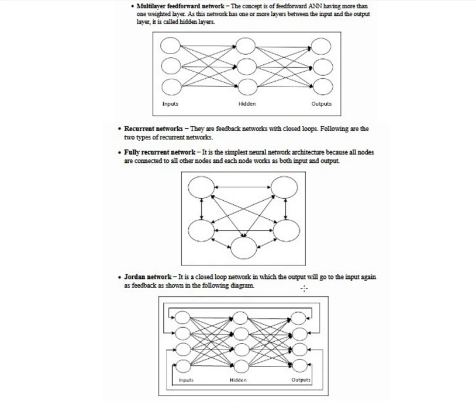And the Jordan network. In the Jordan network, you can see that input is there, output is there, and the hidden layer, all are connected, and there are interconnections between the input and output nodes. That is shown in this representation.